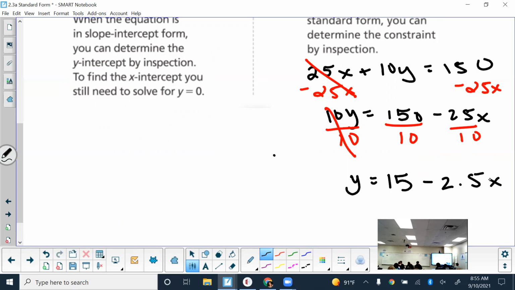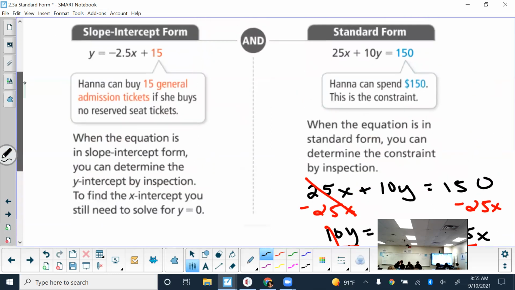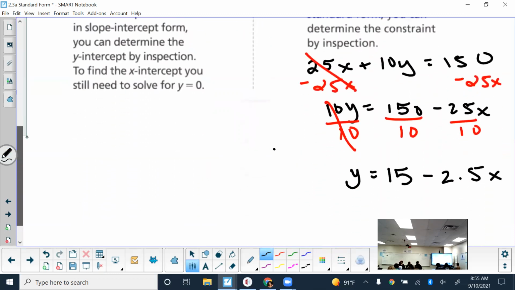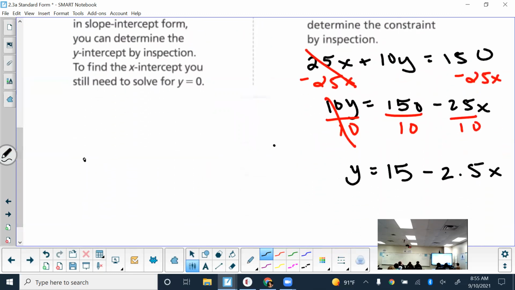Negative 2.5x. And if I bring down what we had up here for slope-intercept form, isn't this saying the same thing? Yes. The only thing I would change is the order of these two things.